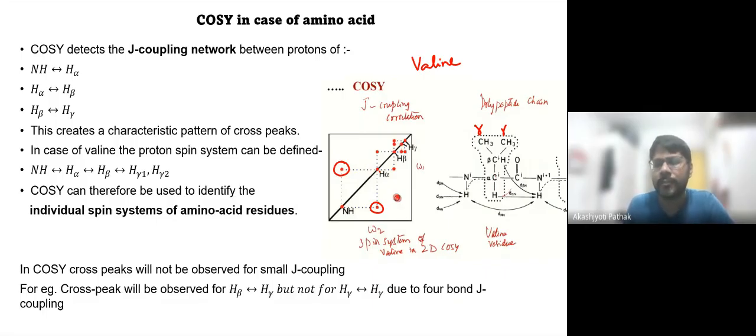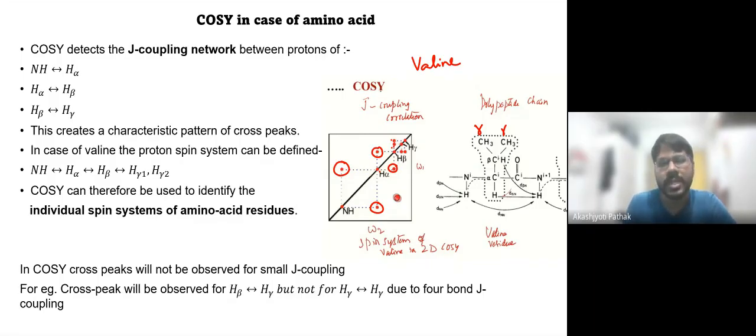Similarly, if your alpha carbon proton is coupled to your beta carbon proton, then again you will have a cross peak over here, and the same will be present on the other side of the diagonal. Now, if your beta proton is coupled to your gamma protons, you will get cross peaks over here and over here.